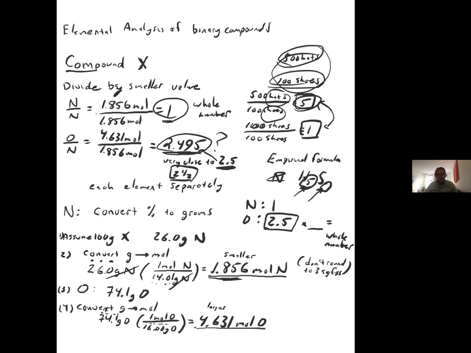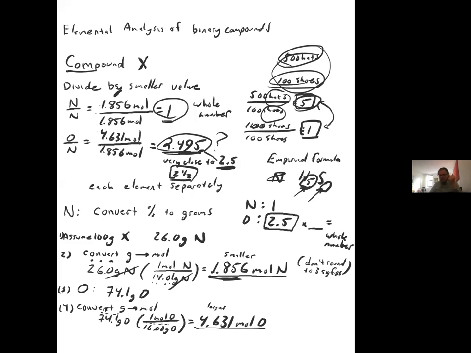You could multiply it by 10, and that would give you a whole number, right? 2.5 times 10 is 25. But we want the smallest possible number to multiply by, because we want the empirical formula to have really small numbers. Remember, N2O4 is not an empirical formula, but NO2 is. So the smallest would be 2.